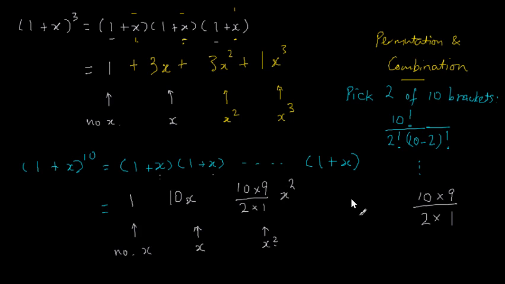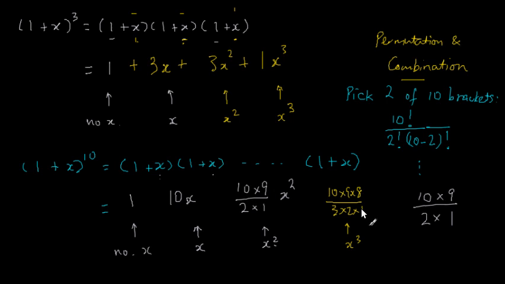Now if I then want to go on and do it for x cubed, the pattern is this. I get a 10 times 9 here. The pattern for the next one will be 10 times 9 times 8, and for the bottom it will be 3 times 2 times 1.